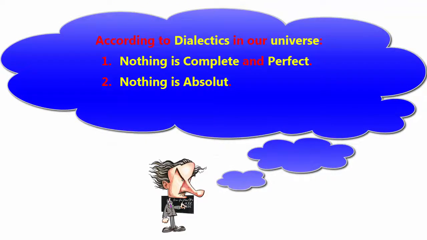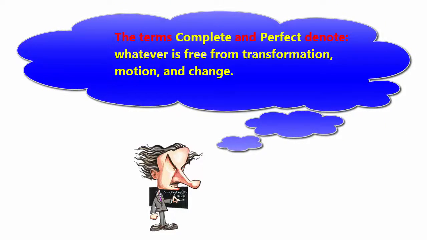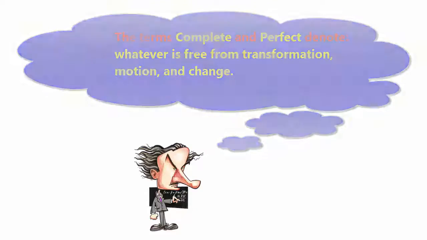According to dialectics, in our universe, 1. Nothing is complete and perfect. 2. Nothing is absolute. The terms complete and perfect denote whatever is free from transformation, motion, and change.